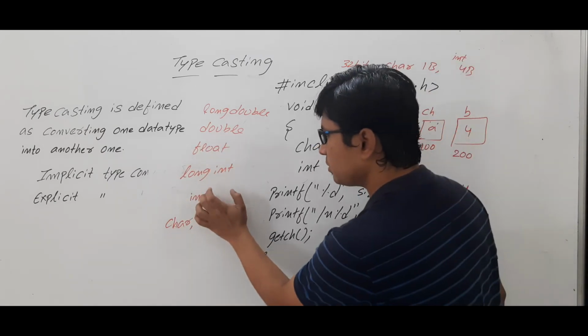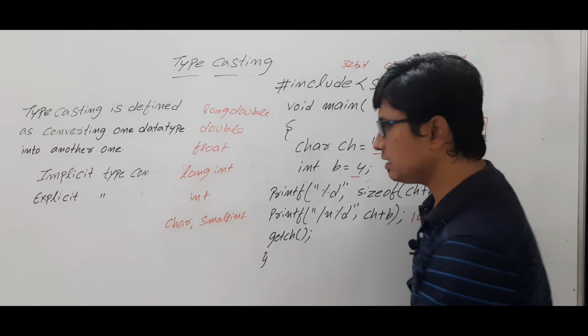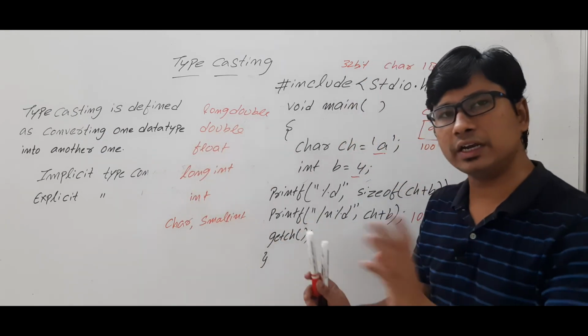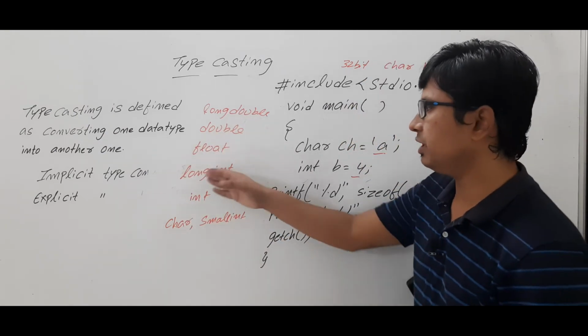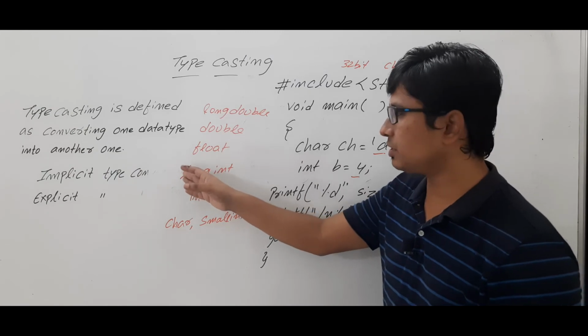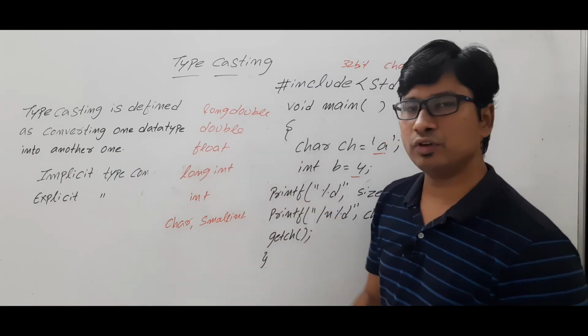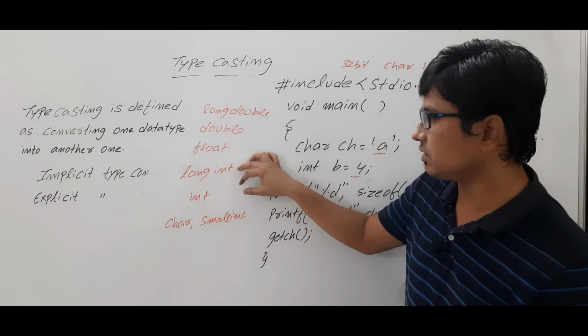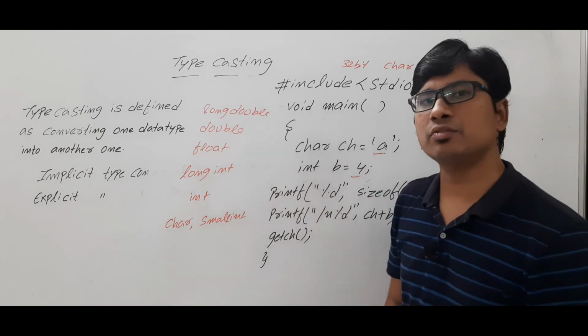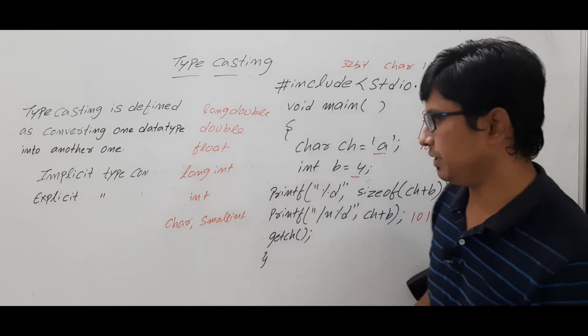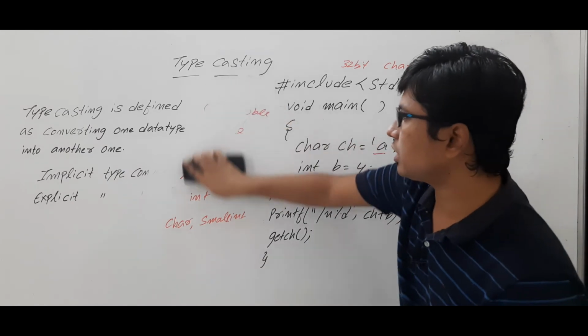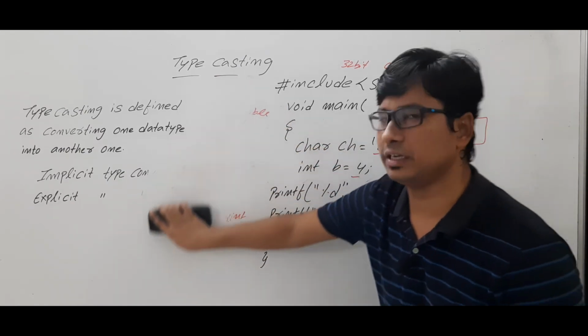If you perform an operation with int and long int, this int will be converted into a long int, and then the arithmetic operation will be performed. If you are performing an arithmetic operation between a long int and a float, in implicit type conversion, the long int will be automatically converted into float. Like this it will happen. So I hope you have understood about the implicit type conversion with an example.